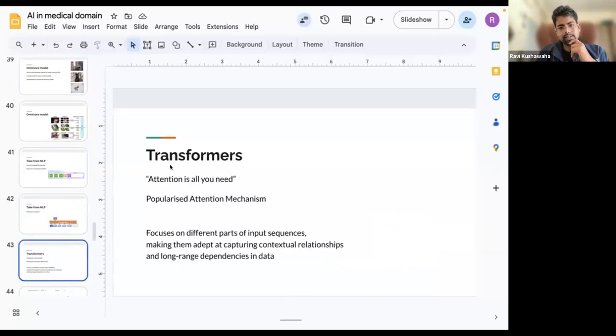There's research going on in the transformer domain. Transformers first came in NLP, and this has popularized the attention mechanism. There was a very famous paper called Attention Is All You Need. What it does is focus on different parts of the input sentences, making them adept at capturing contextual relationships and long range dependency data.